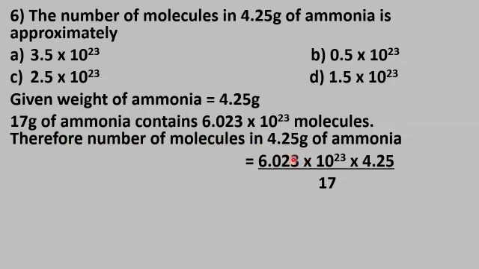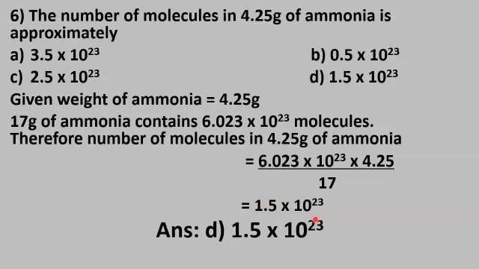So that is Avogadro number into weight of the ammonia divided by 17. So 17 is the molecular weight or molar weight of ammonia. So correct answer is 1.5 into 10 raised to 23, that is the option D here.